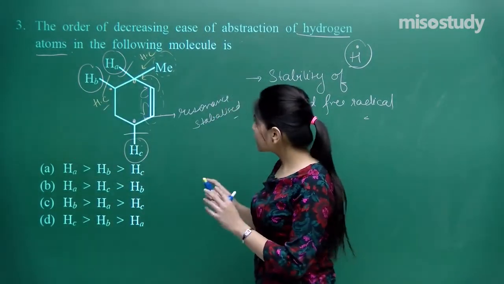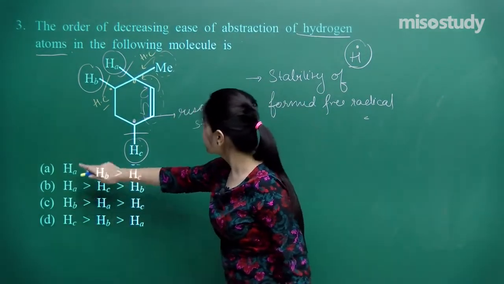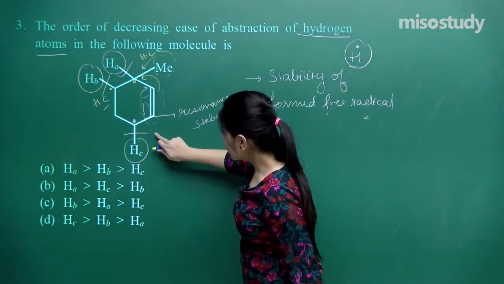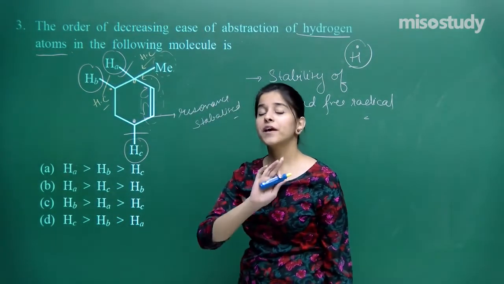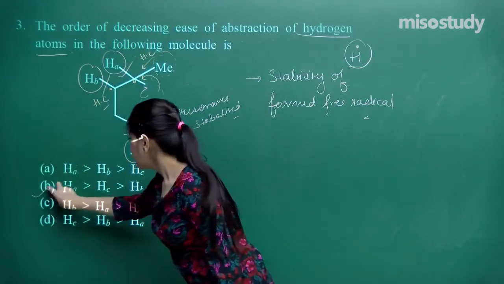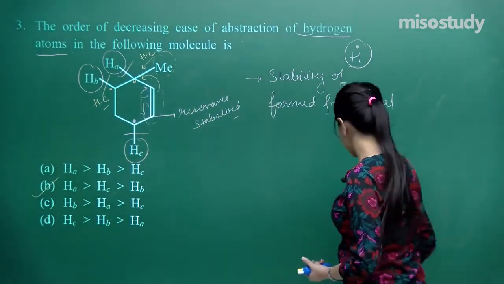So I hope everybody has got the answer here. It would be HA, followed by HC and followed by HB. It will be B. Now let's move on to the very next question.